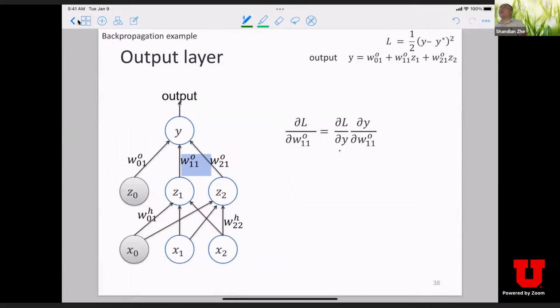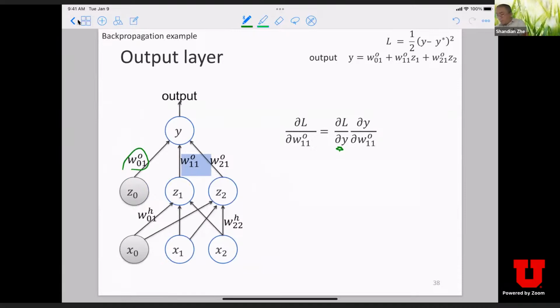You can see there is some redundancy. When we computed partial L over partial W010, we had already computed partial L over partial Y. So we shouldn't recalculate; we should cache it.